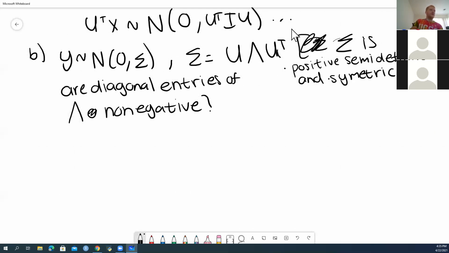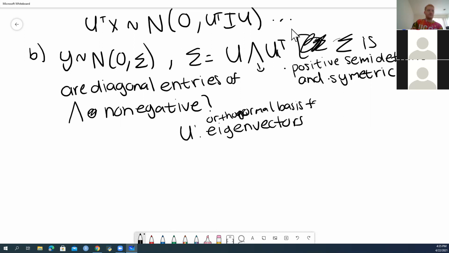Remember also that U is the orthonormal basis for the eigenvectors, the eigenspace, really. And then Lambda is the diagonal matrix of the eigenvalues.